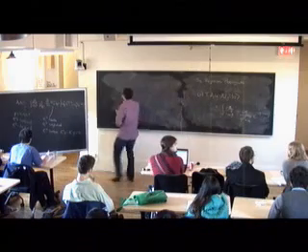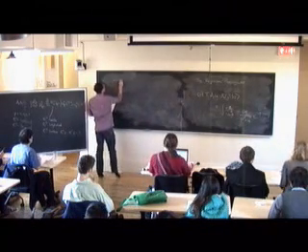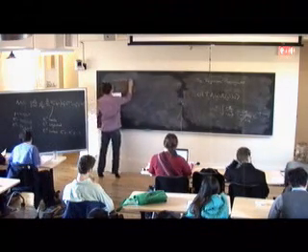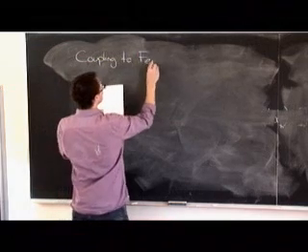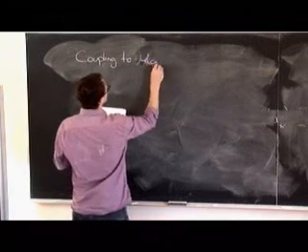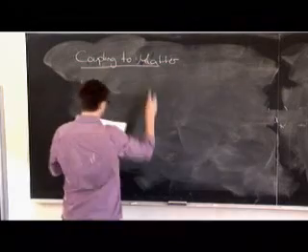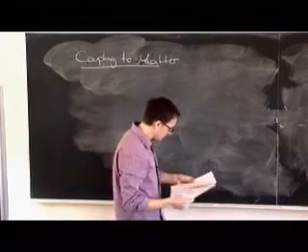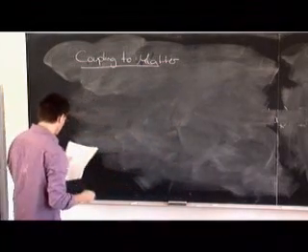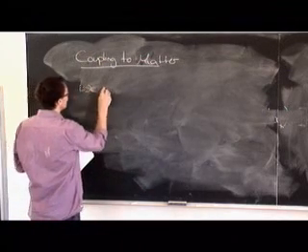Okay, so coupling to fermions. We do coupling to matter in general. So we want an interacting Lagrangian.